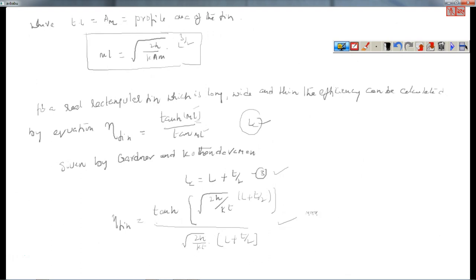And the heat flow becomes Q is equal to the square root of hPkA times theta 0 times tanh of the square root of 2h by kt times (L plus t by 2).